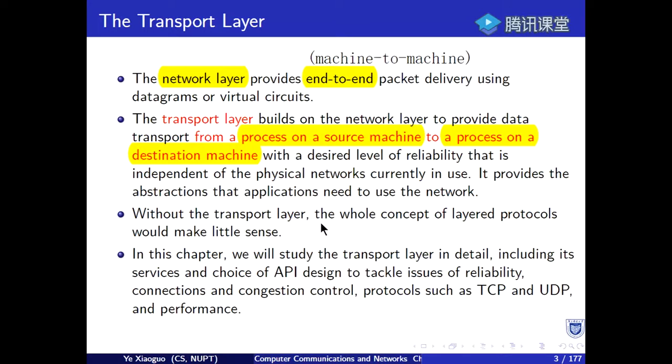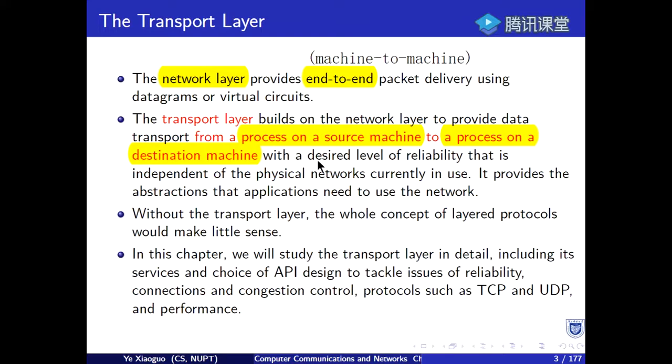It provides machine-to-machine packet delivery using datagrams or virtual circuits. Now, the transport layer, based on the network layer, provides data transport from a process on the source machine to a process on the destination machine with a desired level of reliability that is independent of the physical networks currently in use.